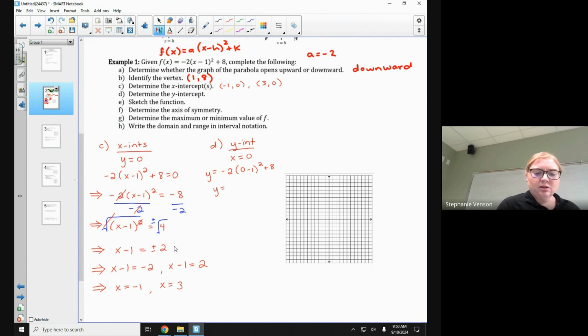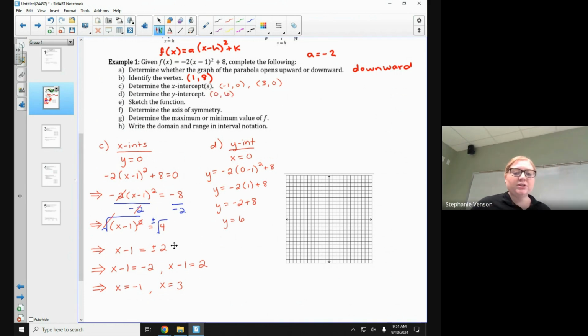So y equals -2. -1 squared is +1, so that's -2 times 1 plus 8, which is just -2 plus 8. So what is my y-intercept? 6. Good. And they're going to, again, make me put that y-intercept in as a coordinate point. So what would my coordinate point be? (0, 6). Good.